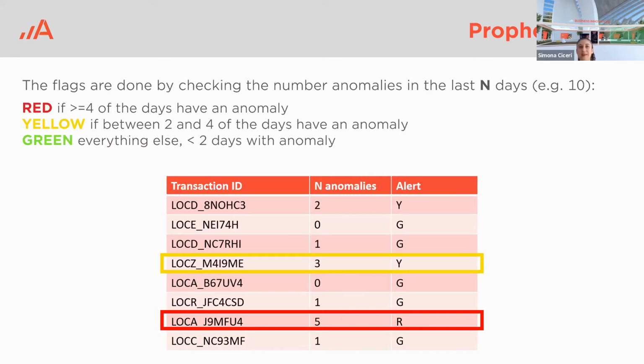And again, we flag the alerts according to our traffic light schema. If out of 10 data points, 4 or more points are flagged as anomalous, we raise a red alert, as in the example here below. If 2 or 3 points are flagged as anomalous, this is a yellow alert, while it is green in the remaining cases.